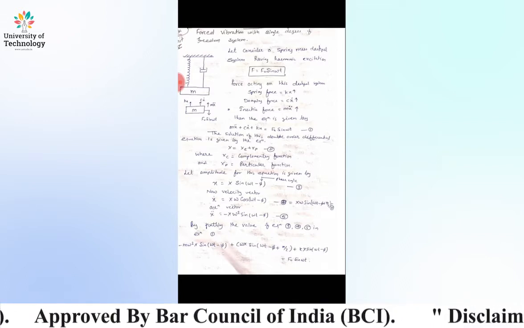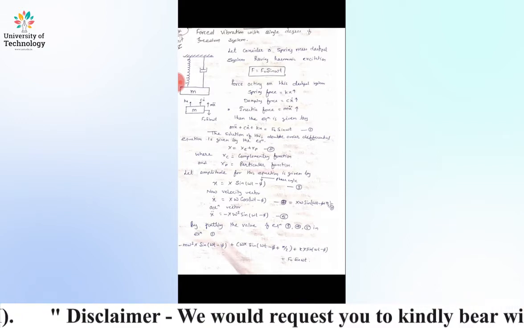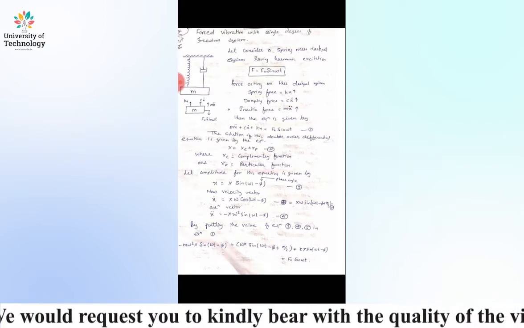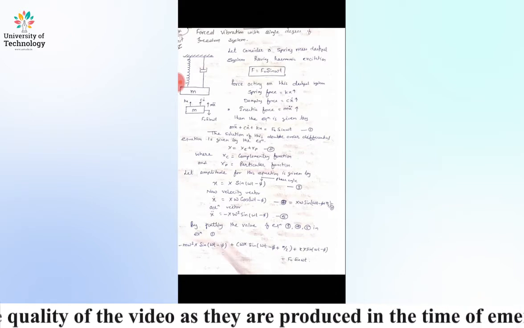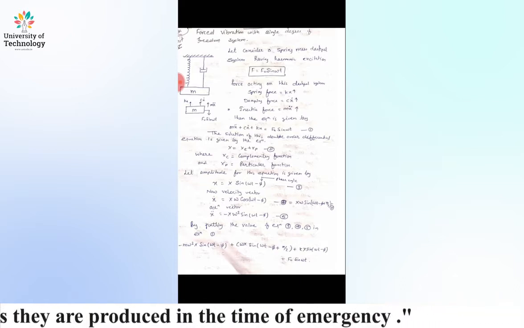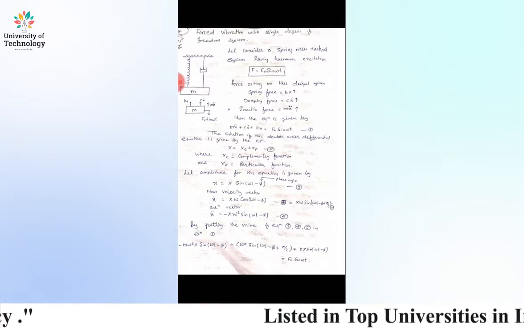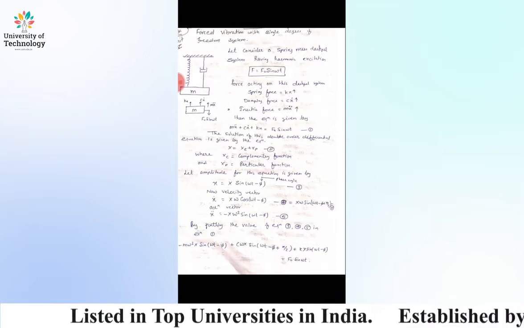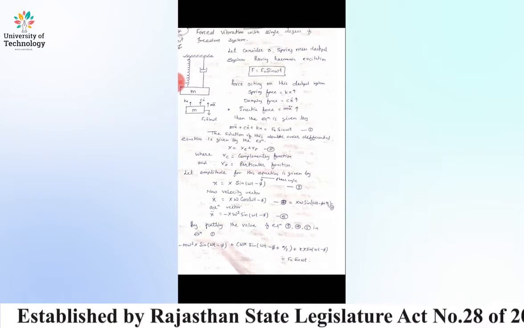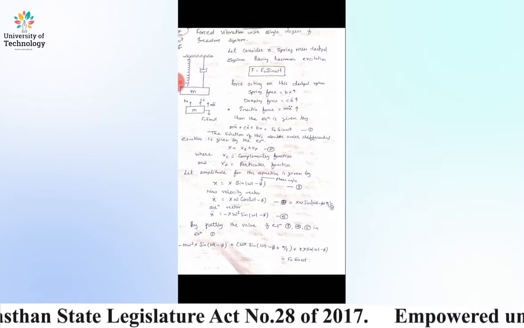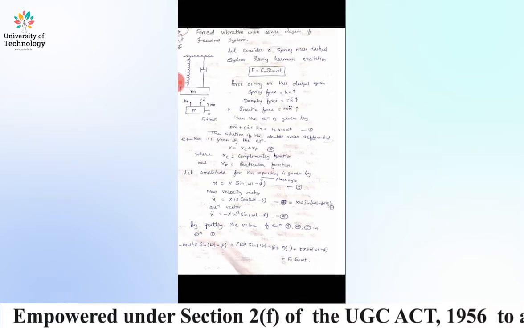In the spring, the spring force Kx will apply in the upward direction, and the damping force C x dot will also apply in the upward direction. Inertia force M x double dot in this spring mass dashpot system will also apply in the upward direction.